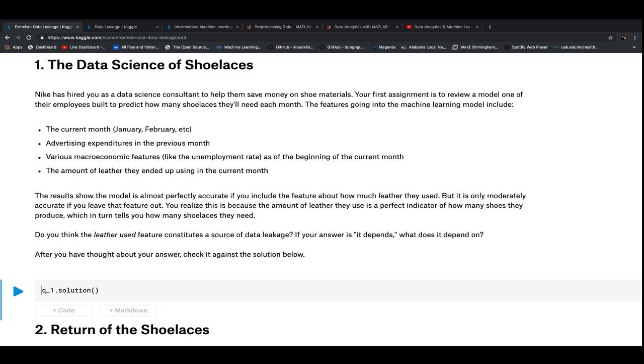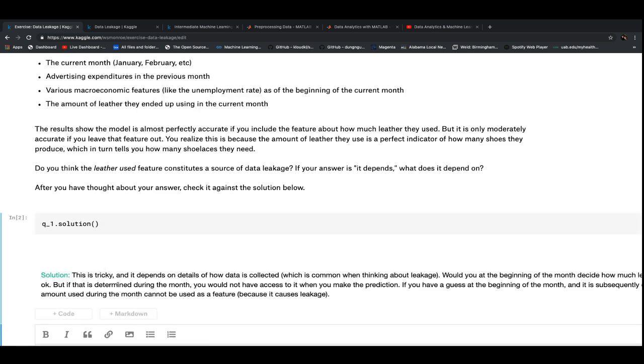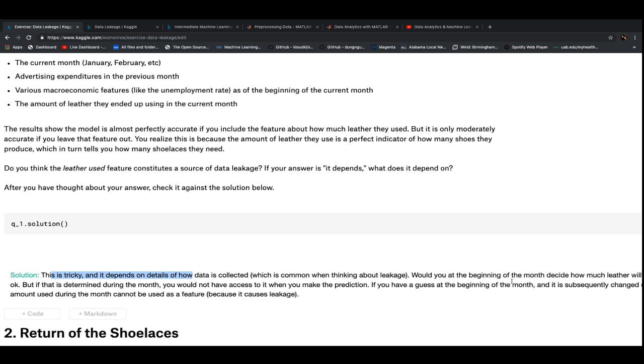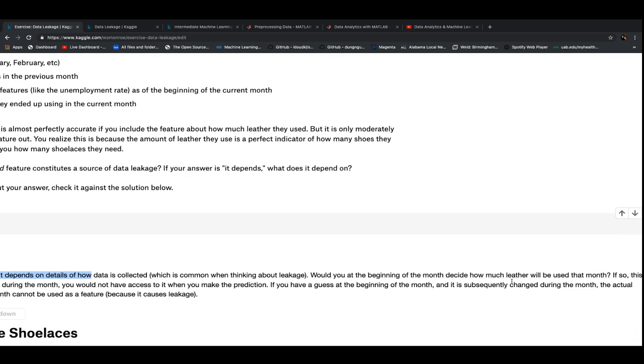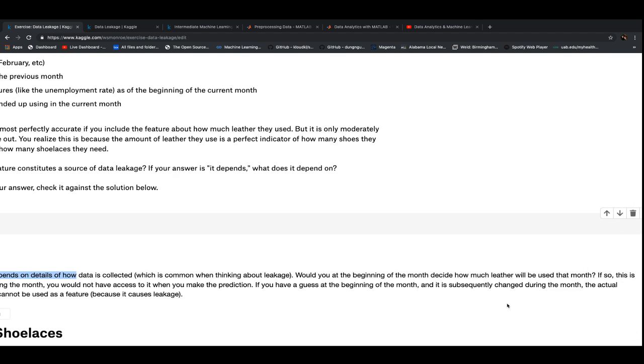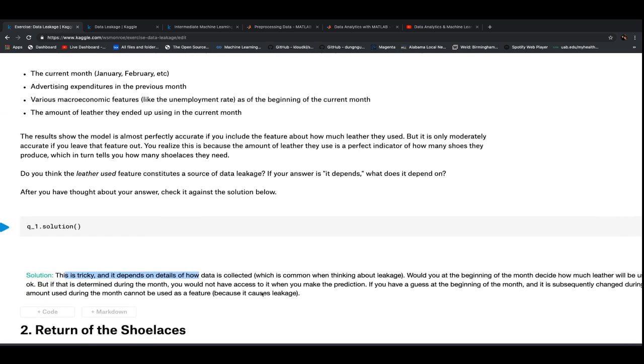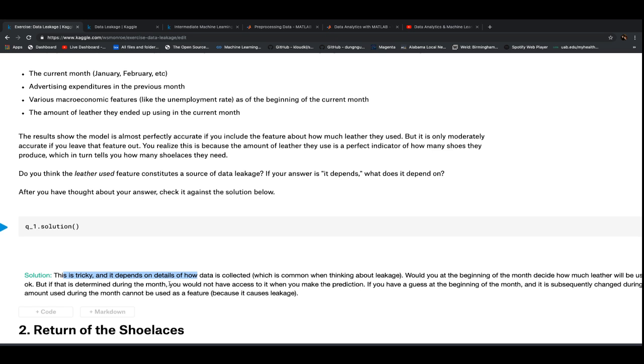So let's see how we did here. All right, it says this is tricky and depends on how it was collected. Would you decide at the beginning of the month how much leather will be used? If so, that's okay. But if that's determined during the month, you would not have access to it to make the prediction.